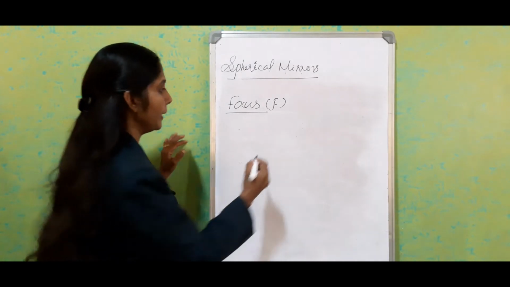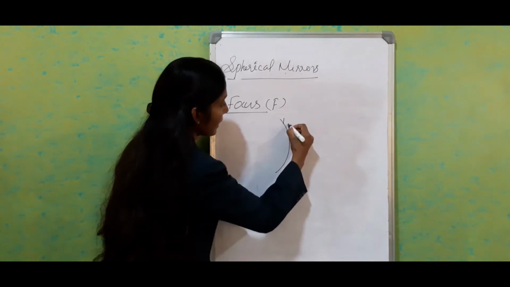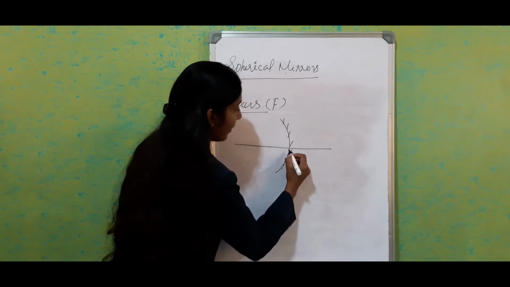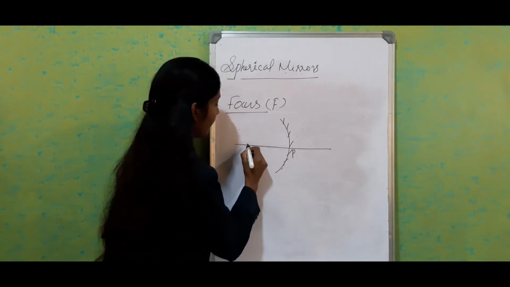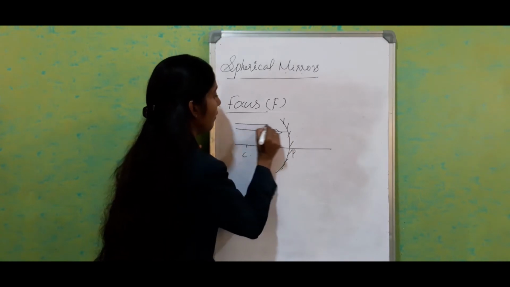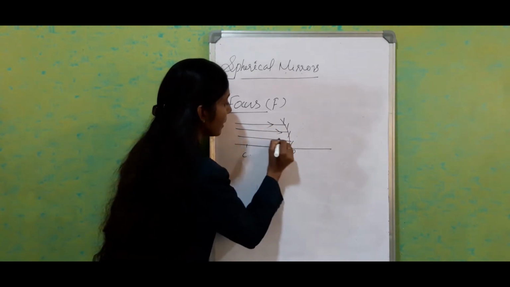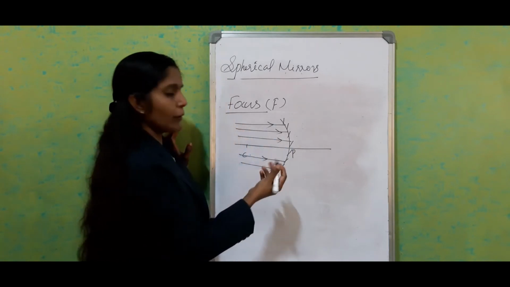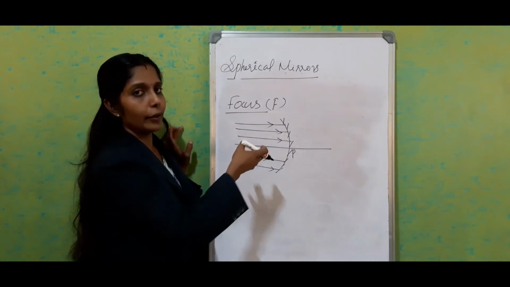I'll show with a figure. Consider this as a concave mirror, with pole and center of curvature. Just consider a few rays falling parallel to the principal axis, and they follow the laws of reflection. I am not drawing the normal and all.